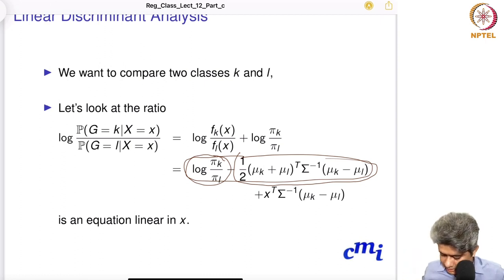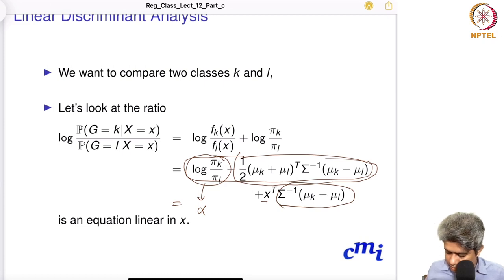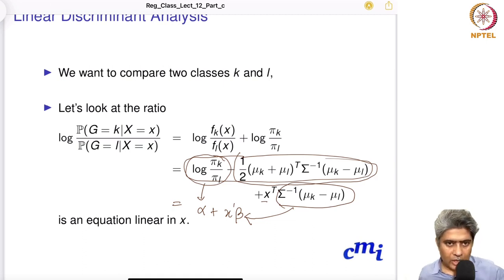You can write this part as alpha, and then X transpose sigma inverse (mu_k minus mu_l) is X transpose beta. So this is my beta. You are writing this ratio as alpha plus X transpose beta. This is why this methodology is called linear discriminant analysis.